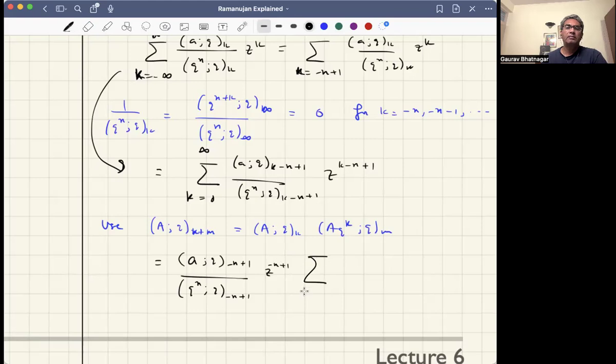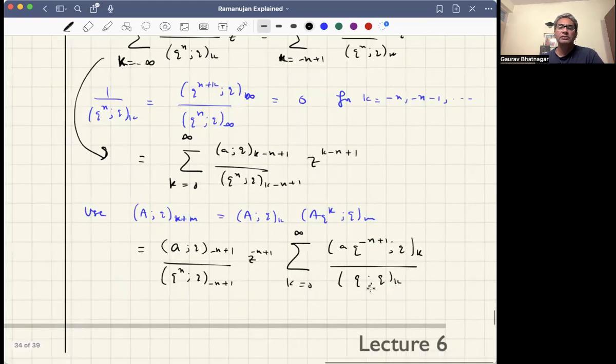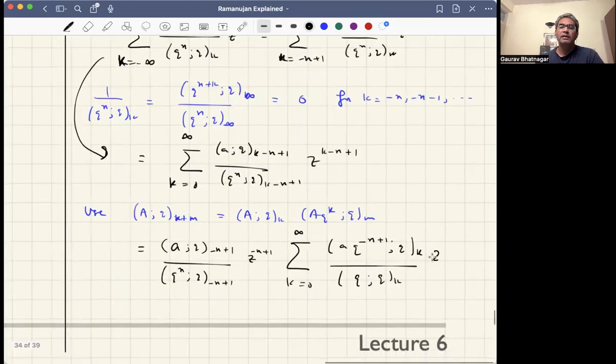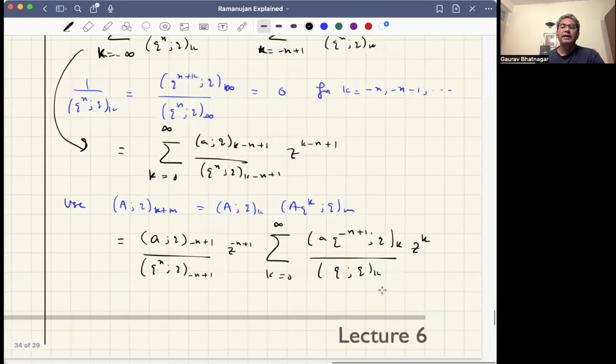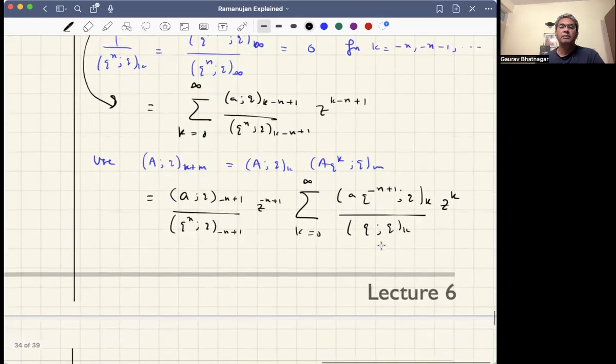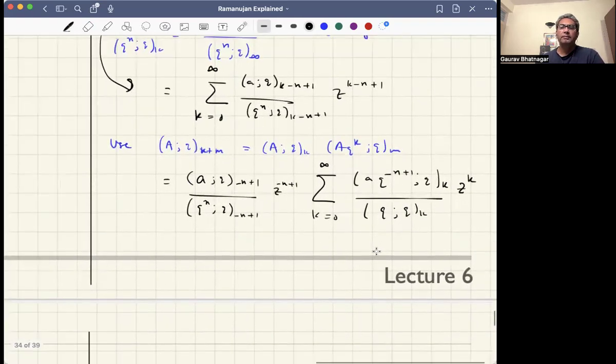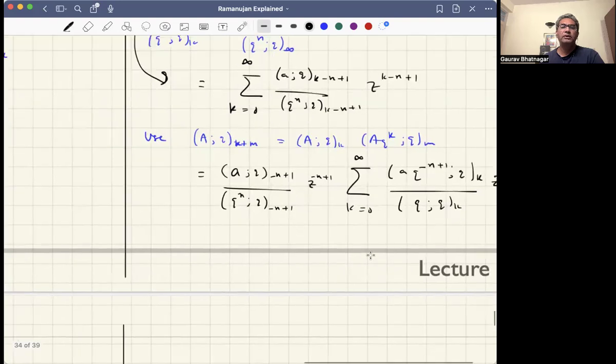And then there is a sum, k going from 0 to infinity, (a q^{-n+1};q)_k over (q;q)_k. So n minus n plus 1 will just give you q raised to the power 1 and z raised to the power k. And this is summable using the q-binomial theorem.